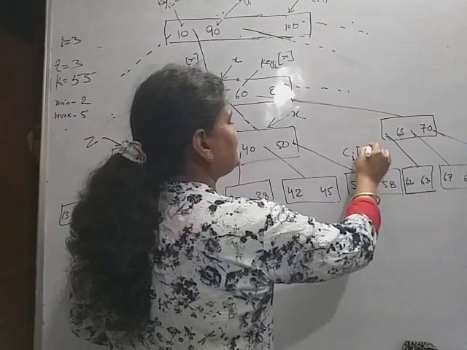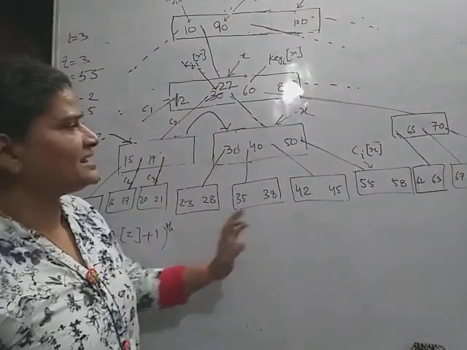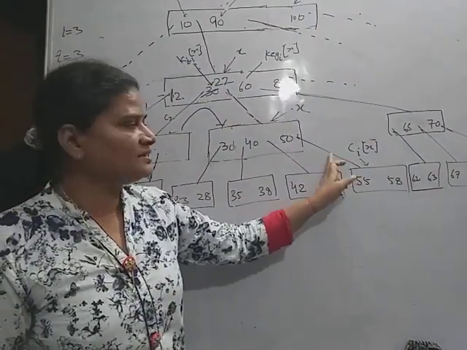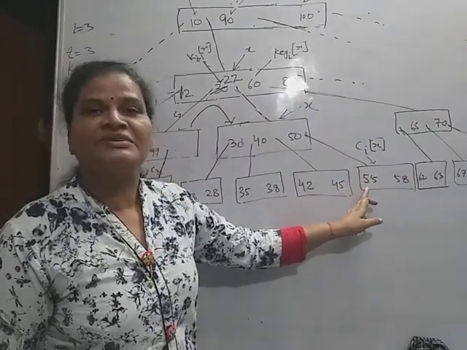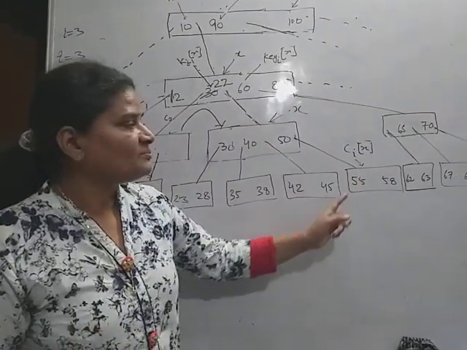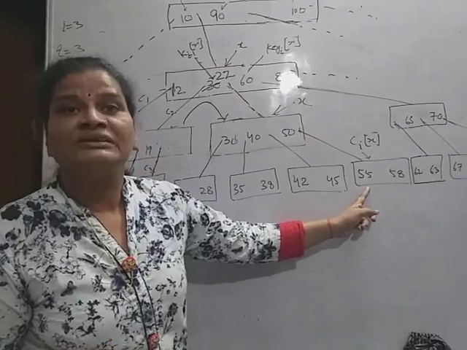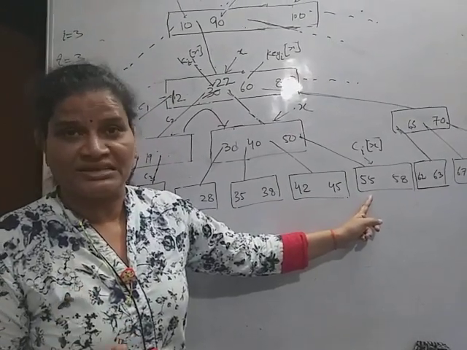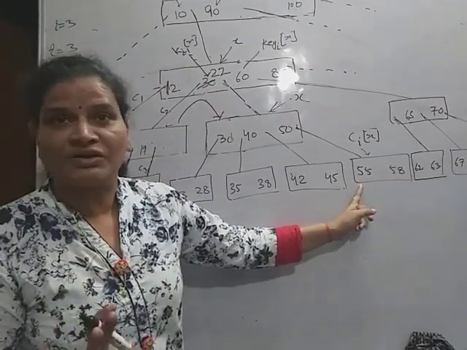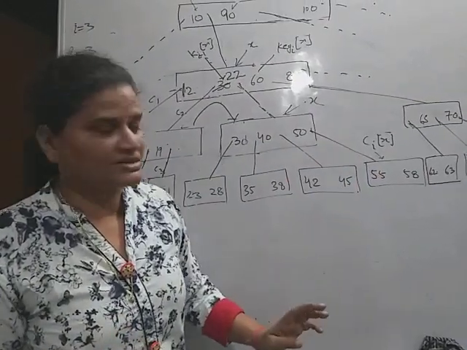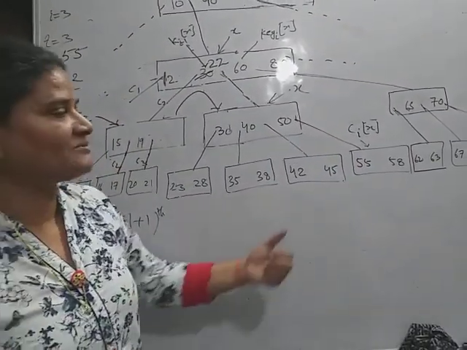This is CIX. CIX is the root of the appropriate subtree in which 55 is present. But CIX contains T minus 1 keys. So there should be T number of keys, and we cannot call the recursive procedure. So first we have to increase.